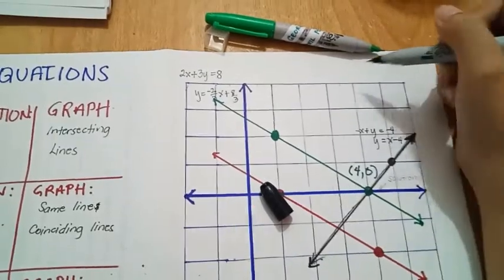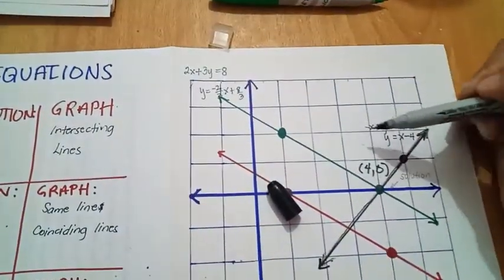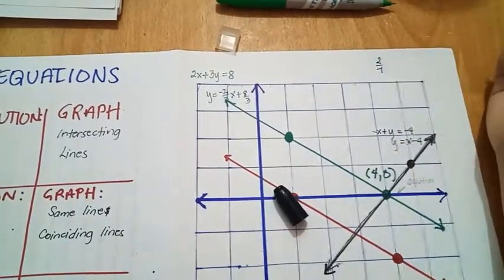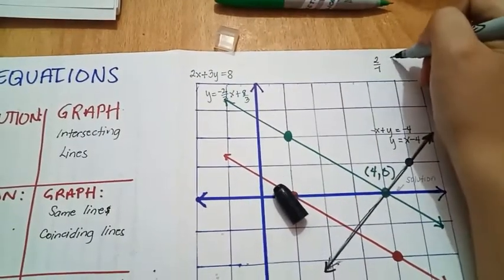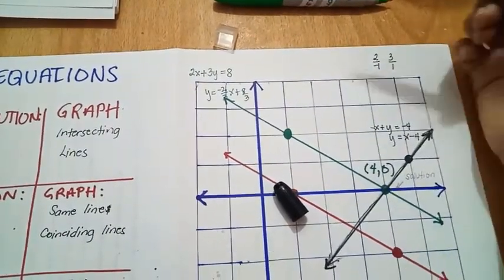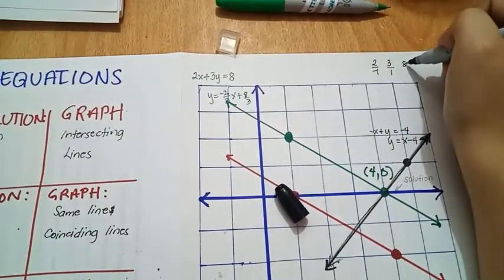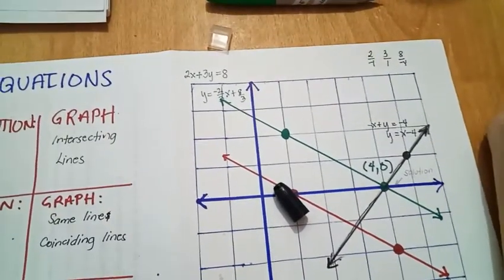The ratio will be from this numerical to the other numerical, we will have 2 over negative 1. 3y and y, we will have 3 over 1. And 8 over negative 4, which in lowest term is negative 2.